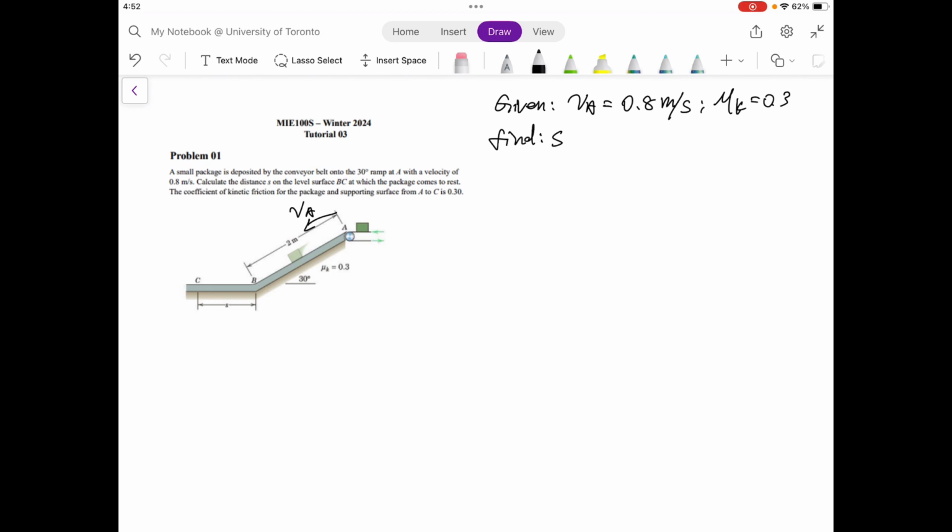First things first, we need to draw the free body diagram for these two pieces, from A to B. Here's our package on the ramp of 30 degrees. We have gravity, the support force, and also friction, which is 0.3 times the support force.